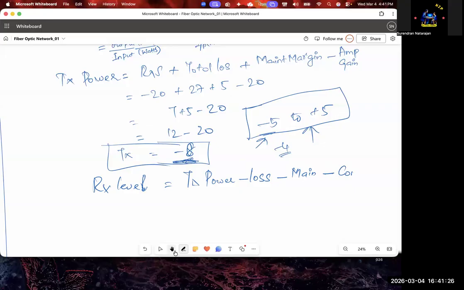No, we will consider this once again. Sorry. Minus loss plus amplifier gain. What else did we miss? Okay, so what is the transmit power you said?